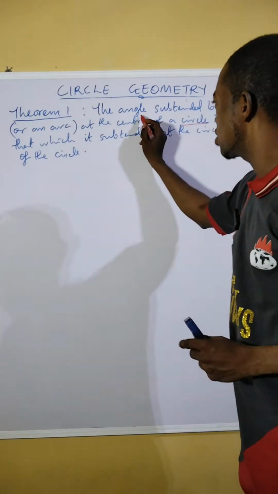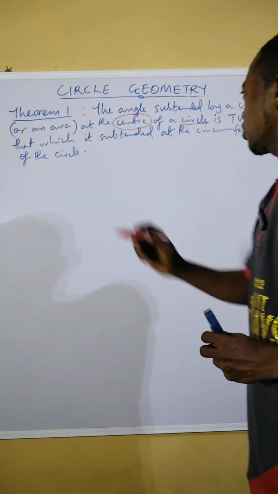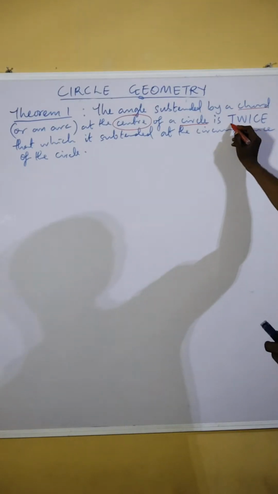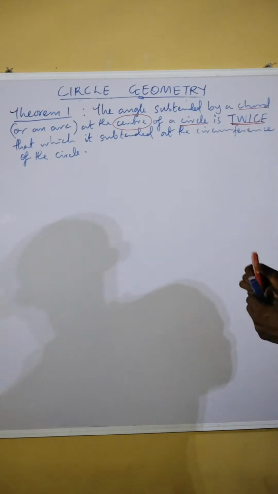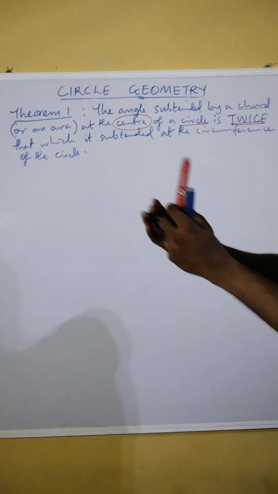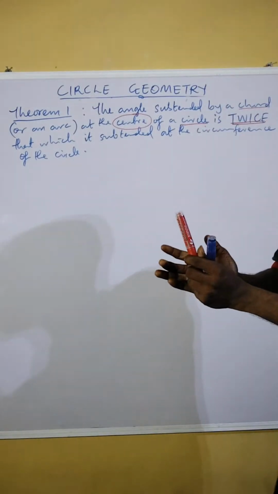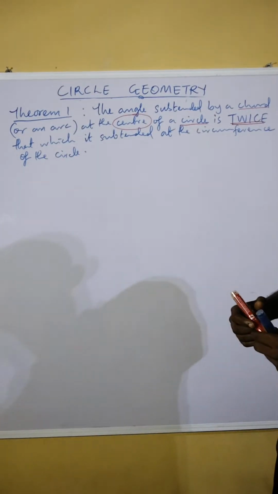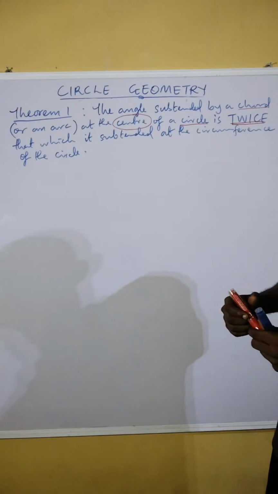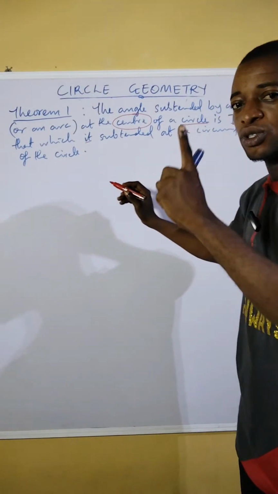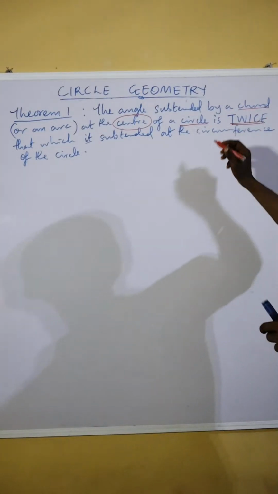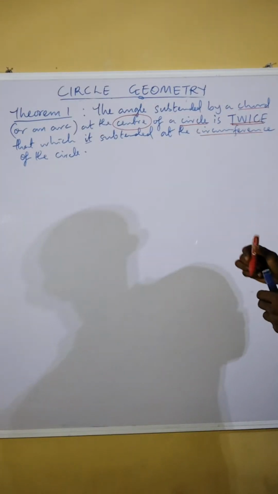So this is a keyword: at the center of a circle is twice. So we have a major keyword here, twice. So that angle at the center is double. When you say twice, another word for twice is double, twice that which it subtended. It, yes, is referring to the chord or an arc. That which is subtended at the circumference of the circle. So this is another keyword.